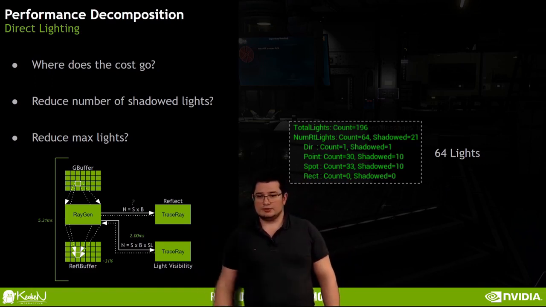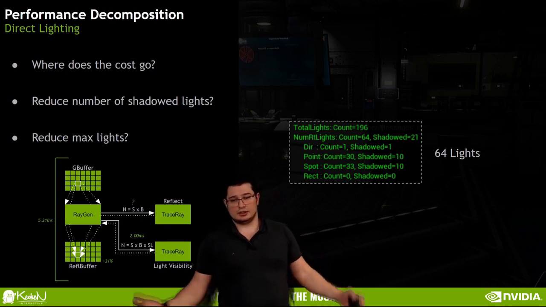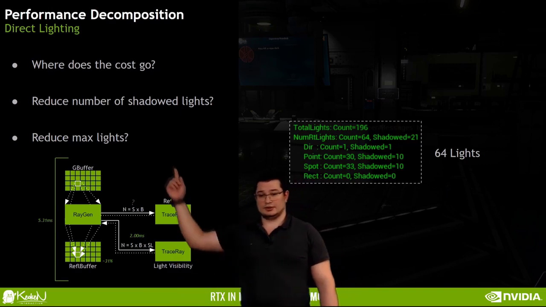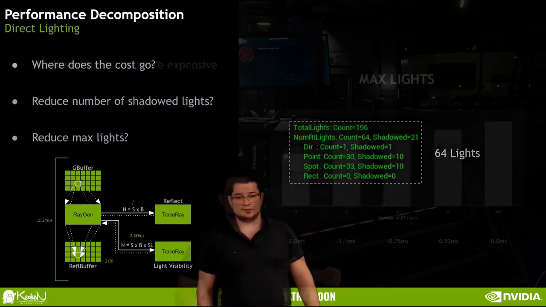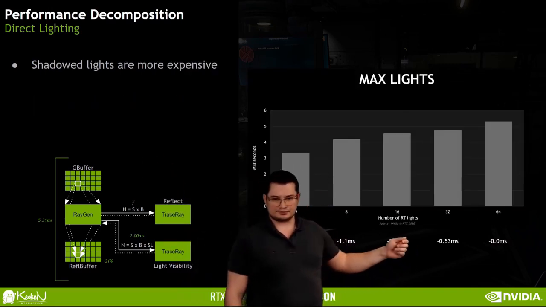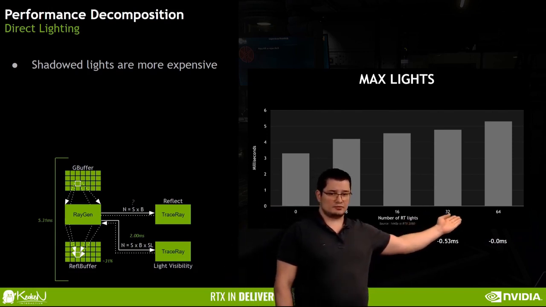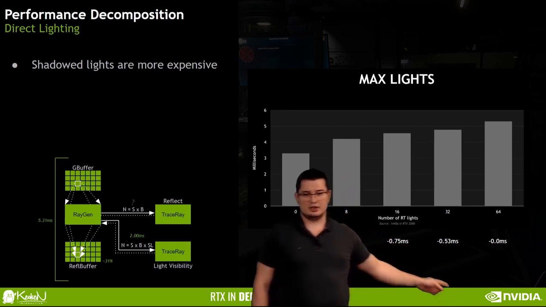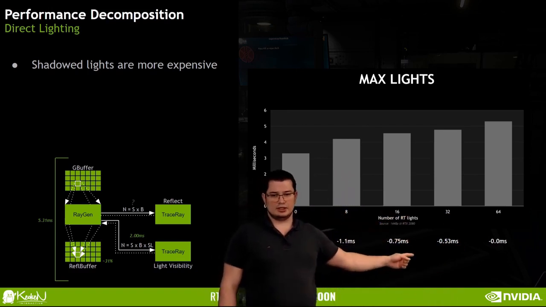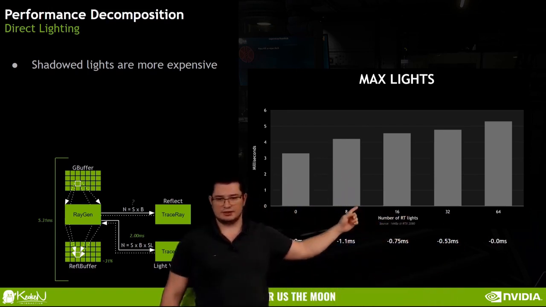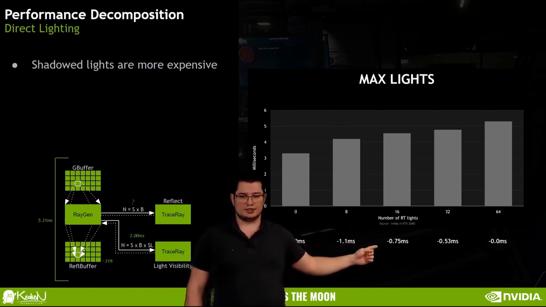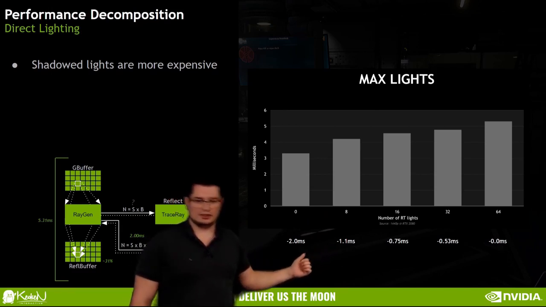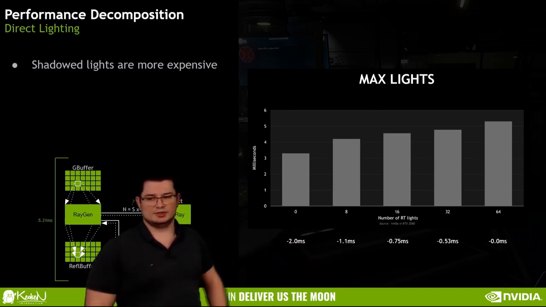So what can you do to improve that? You can decide to reduce the number of shadowed lights, or perhaps reduce the number of lights in total. If you reduce the number of lights, you start from no reduction, 64 lights, 0 reduction, then 32 lights, half a millisecond reduction, 16 lights, three quarters, 8 lights, 1.1 milliseconds, and then 0 lights, 2 milliseconds.